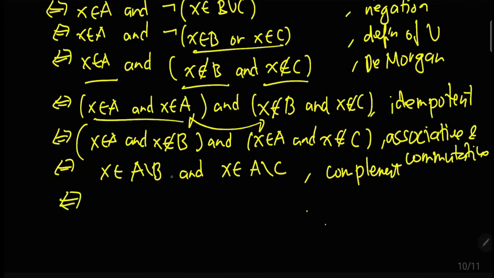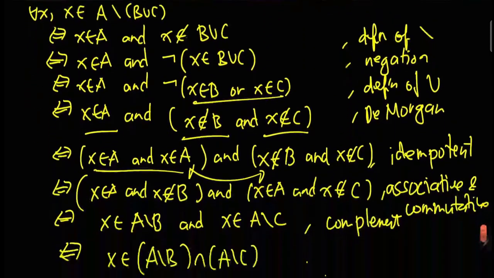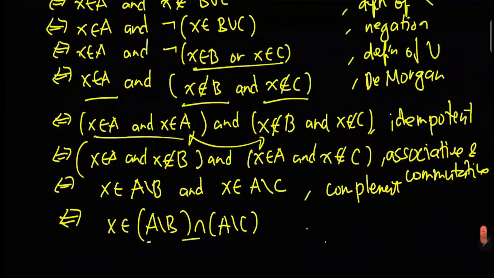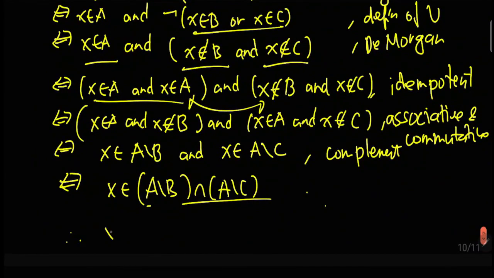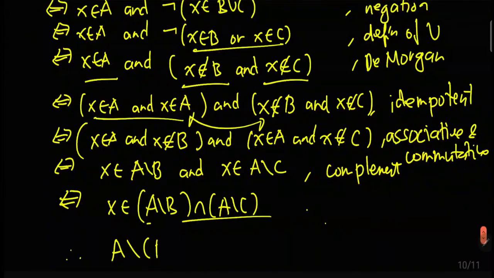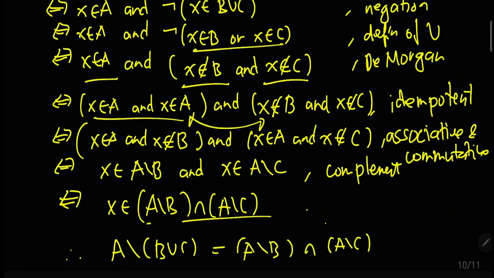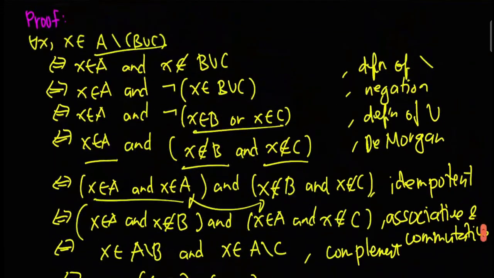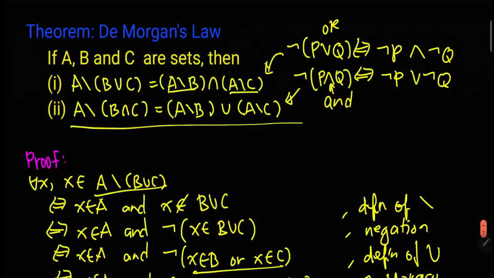But since you have X and X, you have X is in A except B intersection A except C. But that's exactly what we want to show, that this set here is equal to this set here. So therefore, the first set, A except B union C, is actually equal to A except B intersection A except C. Again, the second one will be left as an exercise.